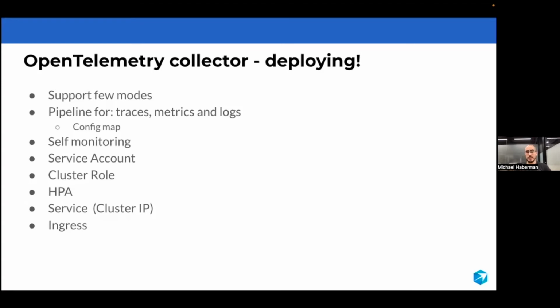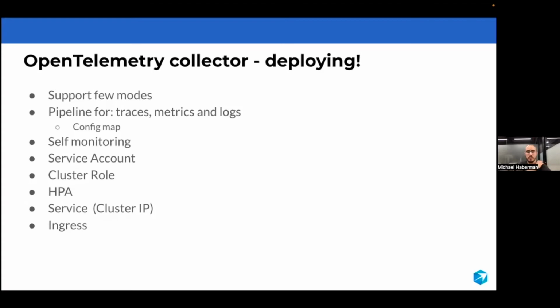Then we have the self-monitoring. The OpenTelemetry Collector produces logs and metrics. It may be funny that the OpenTelemetry Collector itself is not producing traces, but that's the way it is. So all the different things that tell you what the OpenTelemetry Collector is doing, how many traces it got, how many it failed, all those things are going to tell you how it's performing.